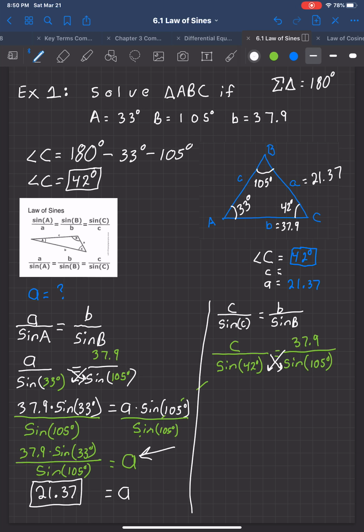So if I cross multiply, 37.9 multiplied by sine of 42 degrees is equal to little c multiplied by sine of 105 degrees. Okay, so dividing both sides by sine of 105 degrees.